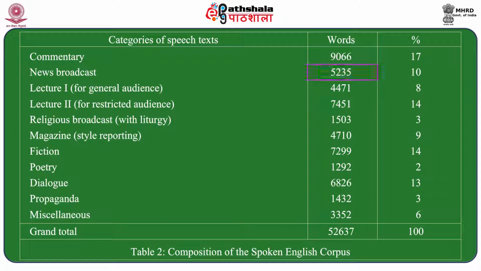So, there are nearly 9,000 words from contemporary commentary speech texts, 5,000 plus words from news broadcast, 4,000 plus words from lectures to the general audience, nearly 7,000 words for restricted audience, 1,500 words for religious broadcast with liturgy, then nearly 5,000 words for magazine style reporting, then 7,000 words from fiction, 1,200 words from poetry, 7,000 words from dialogues, 1,500 words from propaganda, and nearly 3.5 thousand words from miscellaneous.